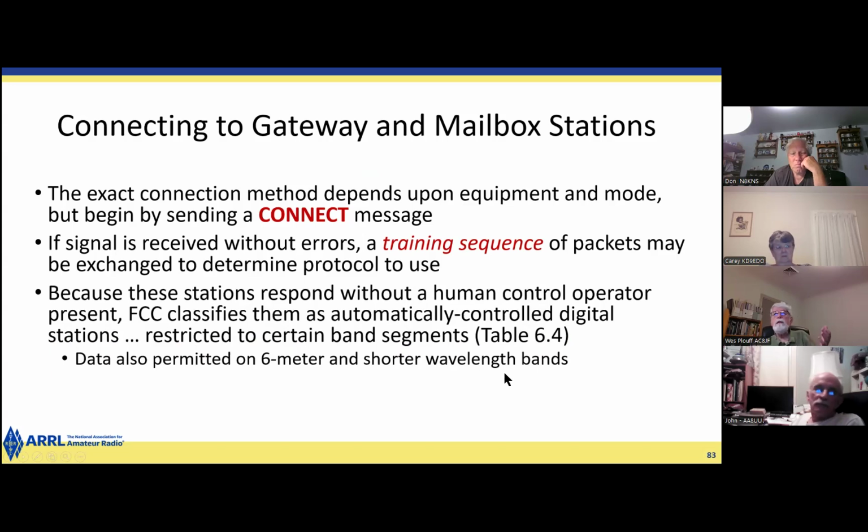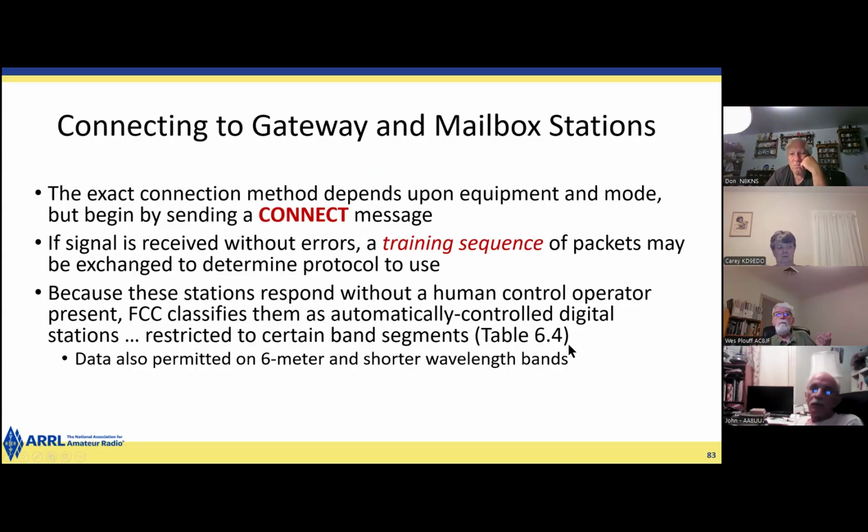And if you connect to a gateway or a mailbox station, these are the only stations that are allowed to operate without a control operator. Now, even a repeater is supposed to have a control operator monitoring at all times. And I think John can tell you that the Hazel Park repeater usually has somebody listening just in case there are shenanigans.